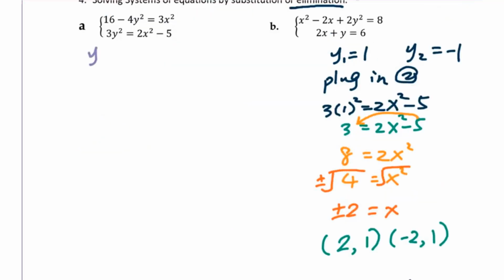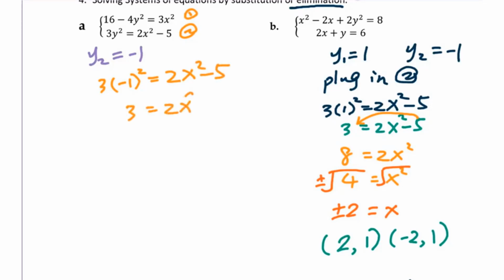Now for y2 equals negative 1. I still plug into the second equation. This is 1, this is 2. So we got 3 times negative 1 squared equals 2x squared minus 5. 3 equals 2x squared minus 5. It will be exactly the same as this one.